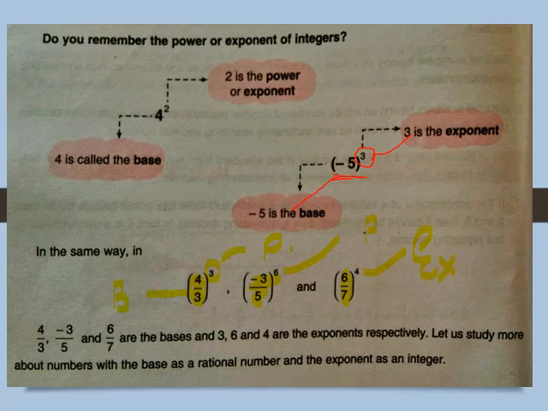In the same way, we will take rational numbers and their exponents. So see here, this number is 4 upon 3 raised to the power 3.